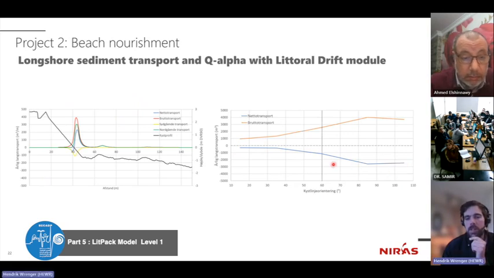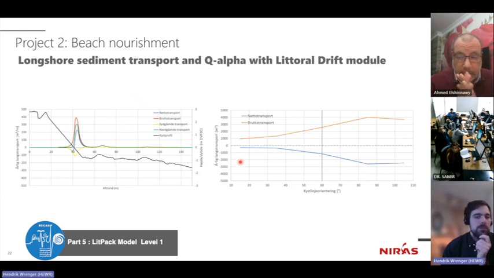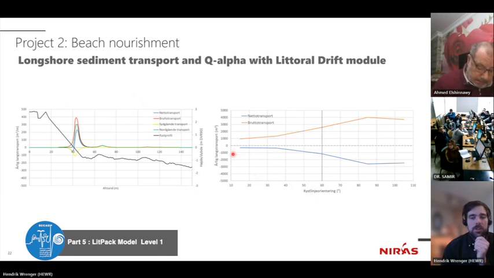What we see is that for all angles plus minus 45 degrees from the current orientation, the net transport is negative. So it's not changing direction. It means we don't have an equilibrium orientation available at that beach within plus minus 45 degrees.